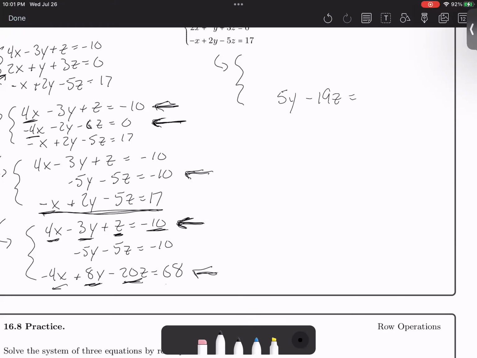And minus 10 plus 68 gives us minus 58. Oh, sorry, positive 58. All right, let's copy down our second equation. And our first equation.